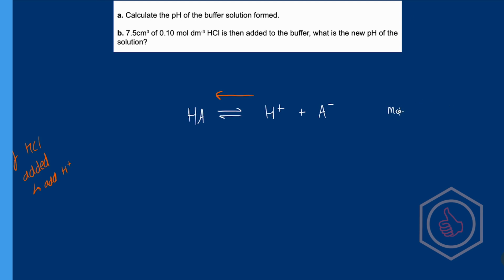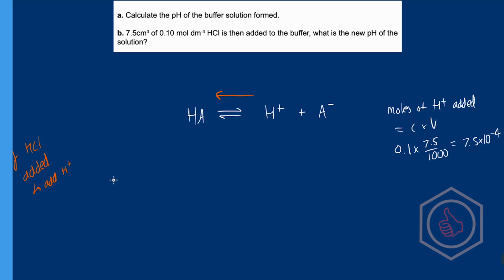So moles of H+ added equals concentration times volume, which equals 0.1 times 7.5 over 1,000, which means we are adding 7.5 times 10 to the minus 4 moles of H+.